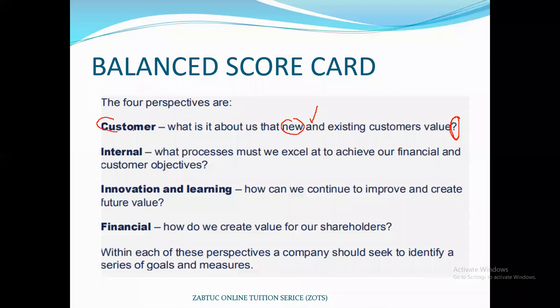Next to the customer perspective is, what processes must we excel at to achieve our financial and customer objectives? So the model helps us to identify and monitor the processes that we must excel at, so that we keep our customers happy and also improve our financial results.